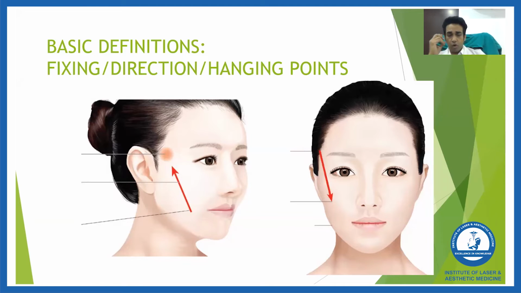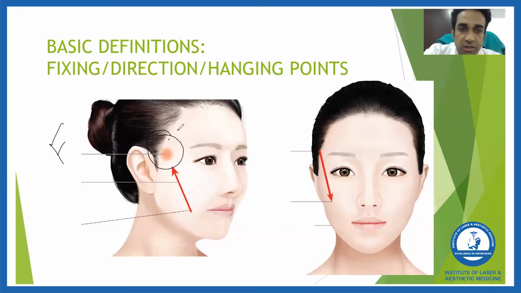So what is a fixing point? What are the criteria of a fixing point? As you know, I've already told you that the fascia that we're talking about is a very tightly adherent fascia. So we need a fixing point wherein there will be the forces of pull. So in this particular diagrammatic representation, this particular area is the fixing point, right?